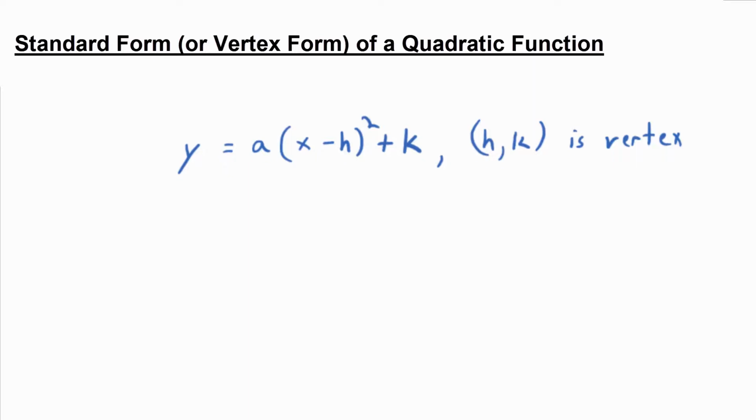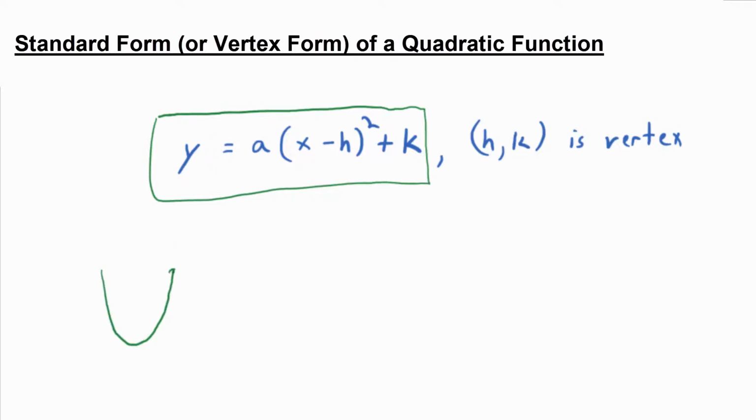So graphically, we know that every quadratic equation with two variables graphs to be a parabola. It will either open up, it'll be a smiley face, or it'll be a frown. Either way, we call this shape a parabola.